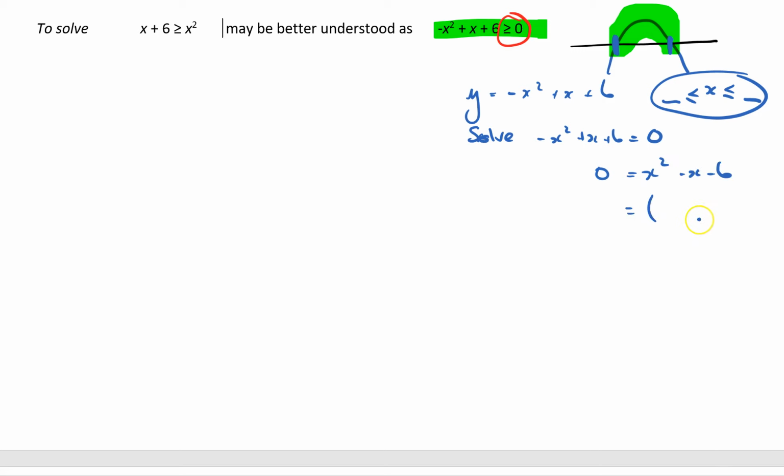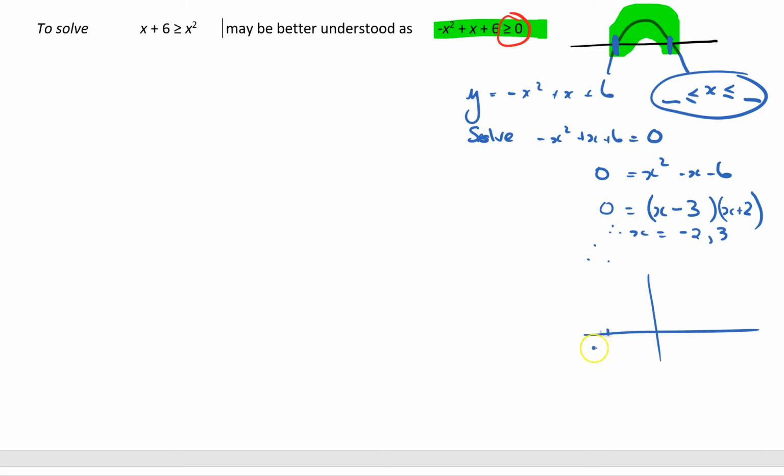So we're looking for two numbers that multiply to give minus 6 and add to give minus 1, which will be a minus 3 and a plus 2. Gives minus 6, adds to minus 1. Therefore, we've got that they're equal to 0. Therefore, x must be minus 2 and 3.